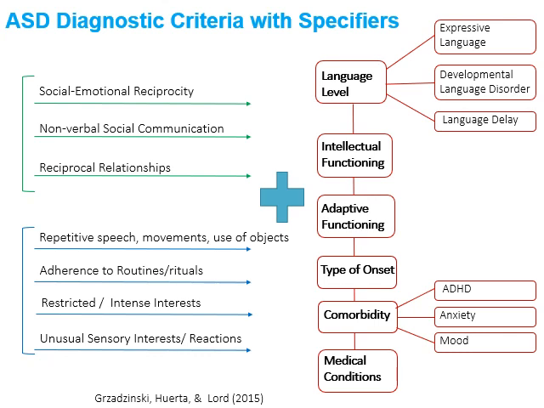of difficulties that you will see in language or intellectual functioning or adaptive functioning, when it was onset, whether it was early onset or later onset, whether there is a comorbidity in having other conditions like ADHD, anxiety, or mood disorders, and whether this autism could be explained by having a medical condition or chromosomal disorder. So you're specifying the way that this autism not only presents, but the way that it interacts with other difficulties or conditions.